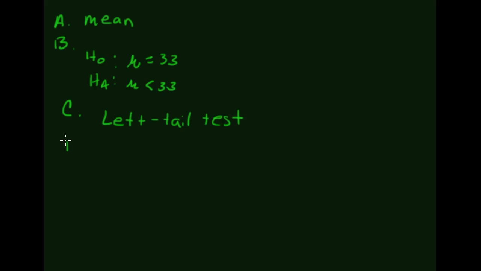Part D, because it's not a two-tail test, this is something that you can only solve using a p-value. Part E, because it's about a mean and we have to use a p-value, this is going to be using a t-test.